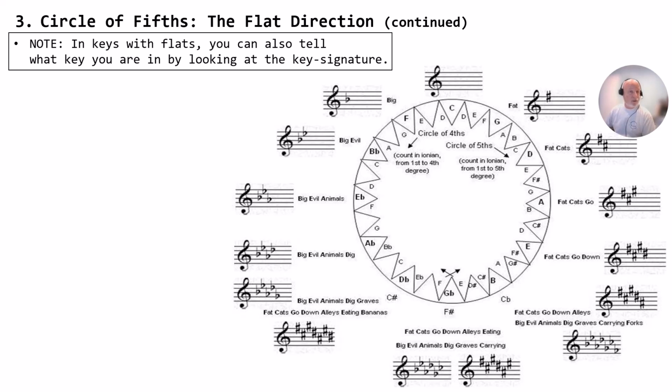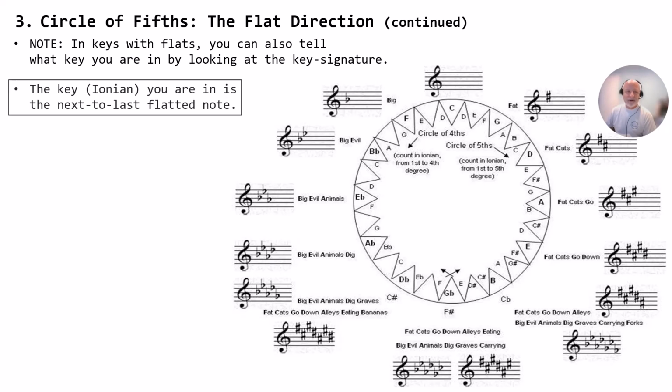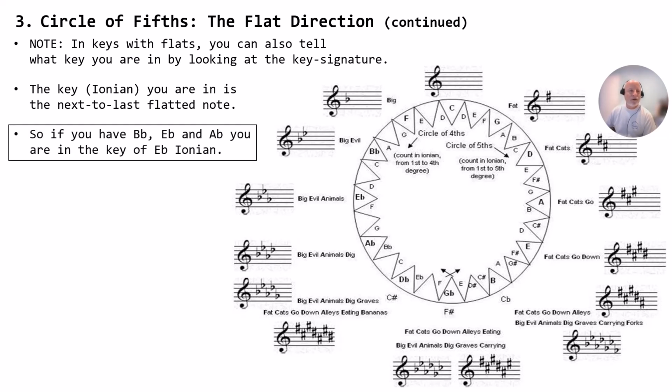So in keys with flats, you can also tell what key you are in by looking at the key signature, all right? But it's not quite done the same way as the sharps. In flatted keys, the key you're in is the second to last flat in the list. Okay. So if you have B flat, E flat, and A flat, that's big evil animals, that's the order, right?